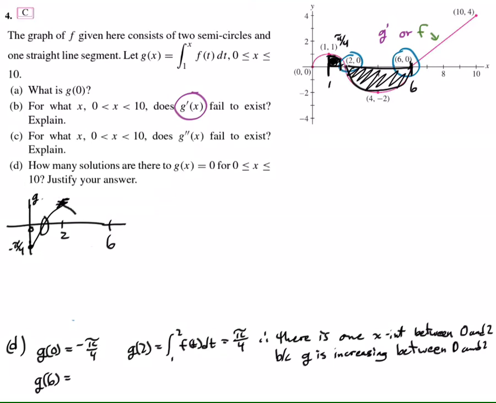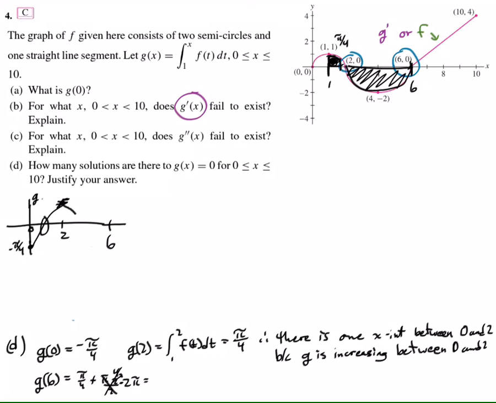The radius is 2. So we got pi over 4 plus pi r squared divided by 2, because it is half of a circle, not a full circle. And pi r squared is going to be 4, then you divide that by 2, it's going to be 2, so this is going to be 2 pi. Oh, and negative, that's right, because we're below the x-axis. So we have 2 pi plus pi over 4, which is going to result in a negative number.